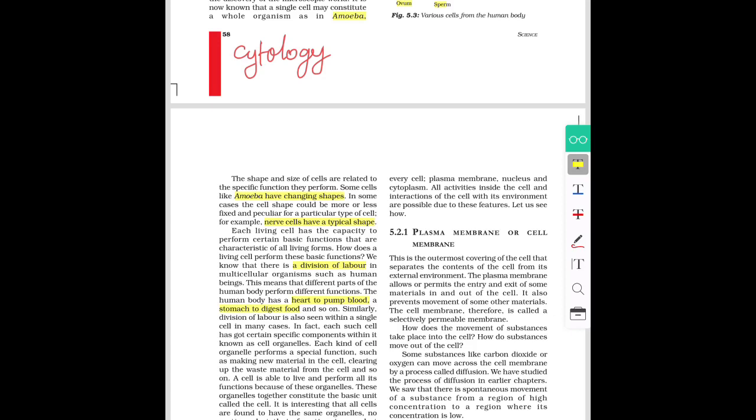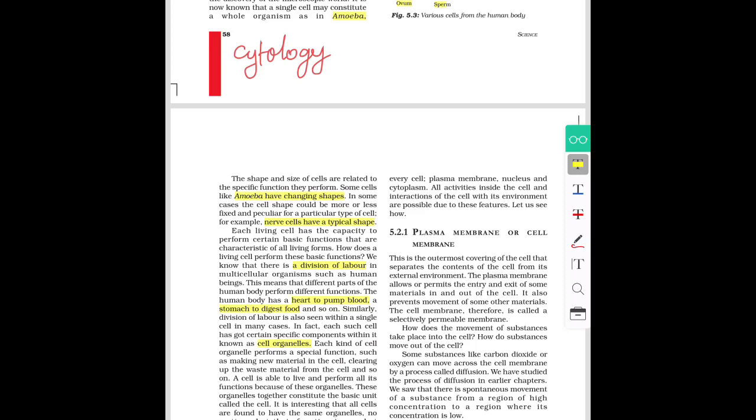Similarly, division of labor is also seen within a single cell in many cases. In fact, each such cell has certain specific components within it known as cell organelles. Each kind of cell organelle performs a special function, such as making new material in the cell, clearing up the waste material from the cell, and so on.